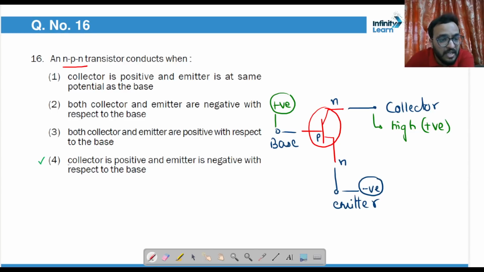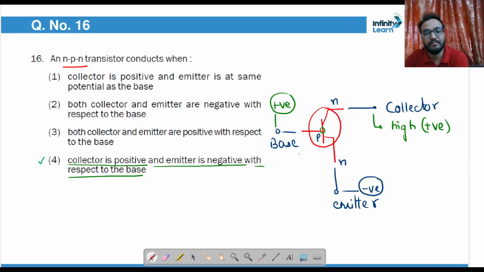See, fourth option, collector is positive and emitter is negative with respect to the base. Very good. Yes, very good. That means with respect to the base, emitter should have a lesser potential and collector should have a higher potential. Simple logic. Because we want the emitter base junction to be forward biased and the base collector junction to be reverse biased.